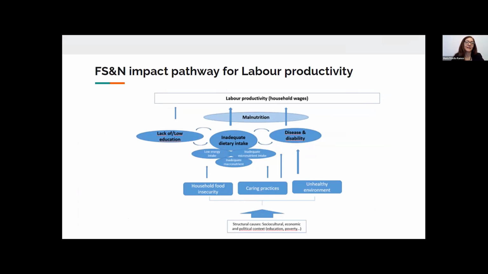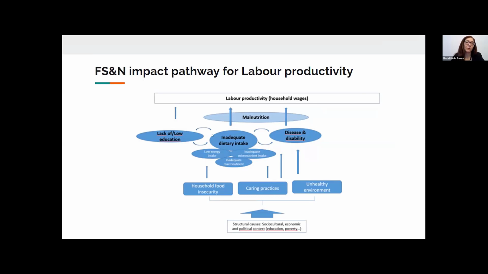So based on this empirical literature, we have prepared this scheme that shows how labor productivity can be improved. We know the literature about education. The lack of education is a problem for improving labor productivity, and diseases and disability too.